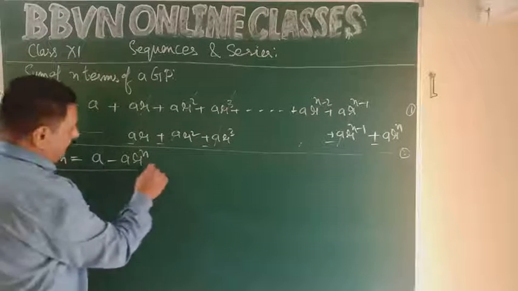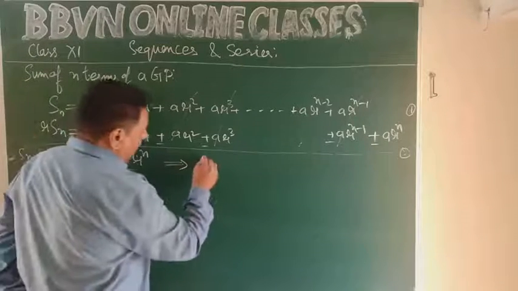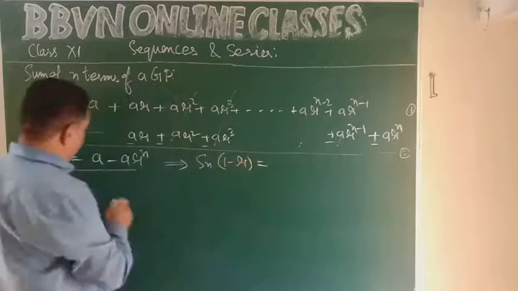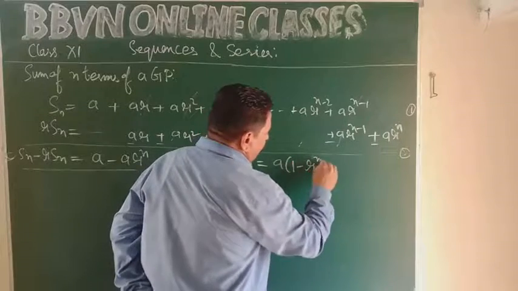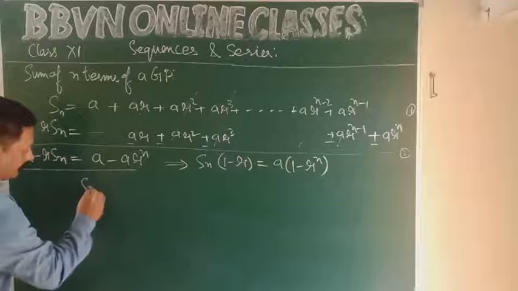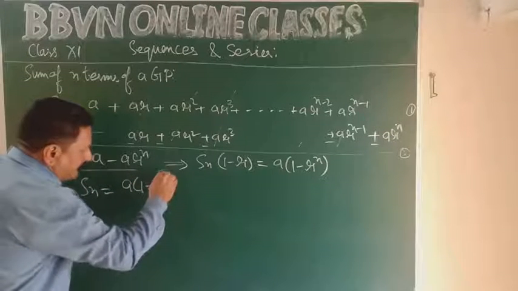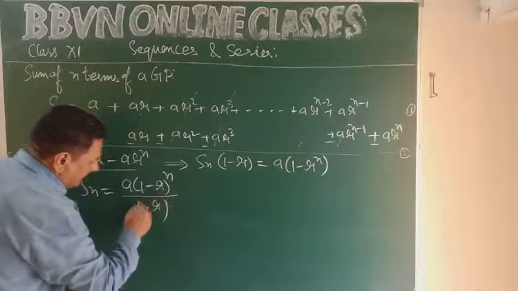This is what we are left with. Here I will take Sn common. So I am left with 1 minus r equal to, here a taken common, 1 minus r power n. We need Sn. So Sn is equal to a into 1 minus r power n, whole upon 1 minus r.